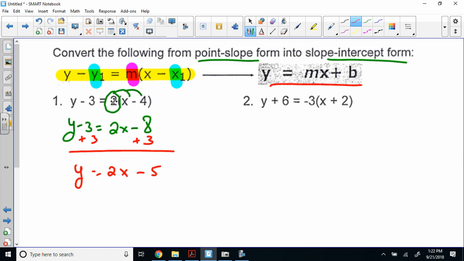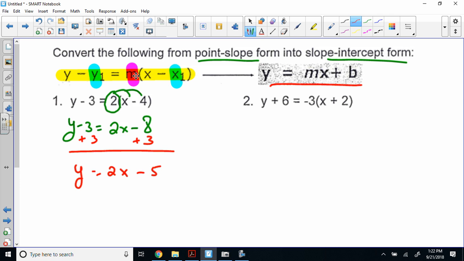Because when you put them in, they have to change signs, right? And then the slope's 2. They're giving it to you in point slope form, and then they're asking you to distribute and then move it over. That's it.